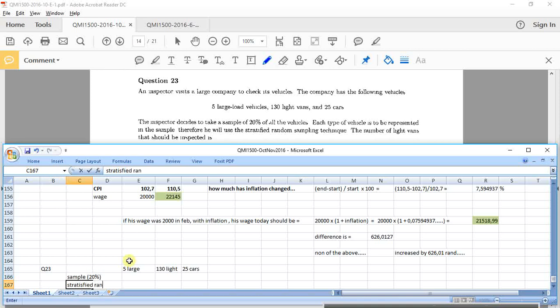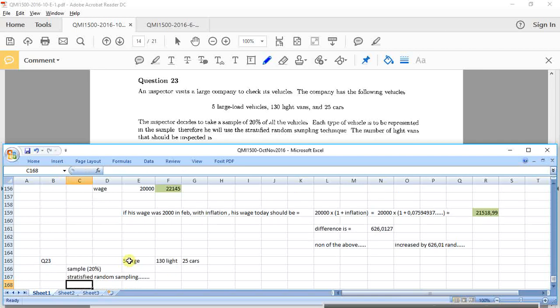Sampling is there, types of sampling, page 64. Okay, stratified random sampling, what is it? Just read it there.